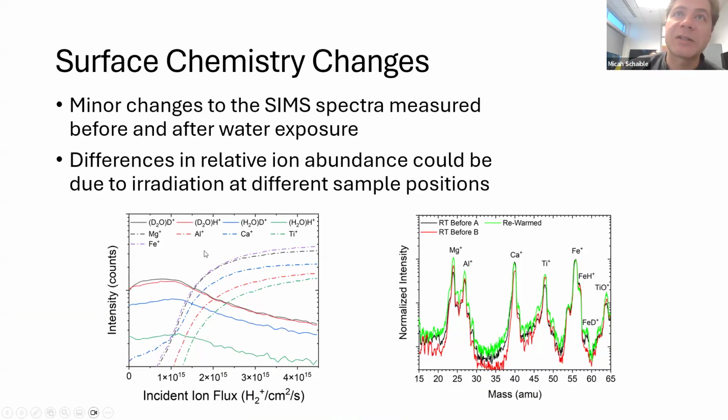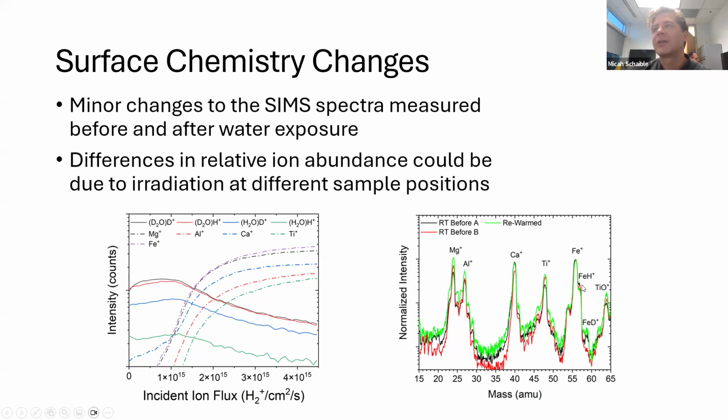But first, I wanted to say again, when we do the sputtering as a function of fluence for the ilmenite sample, we see again that the water group ion passes through a maximum as the substrate species are exposed. But for the ilmenite, when we compare the room temperature spectra before and after deposition, we don't actually see that a lot of that chemistry sticks around.